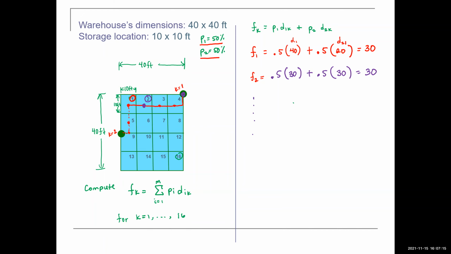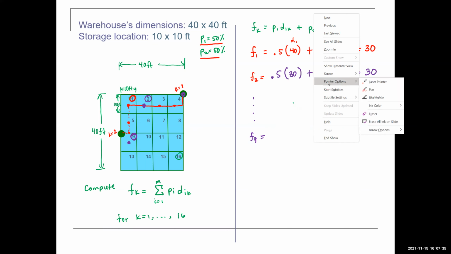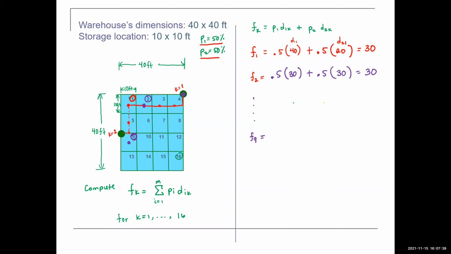I have F9. So F9 will be this one. So you'll go from here, use another color. So for F9, 0.5 up to 1. Here, here.